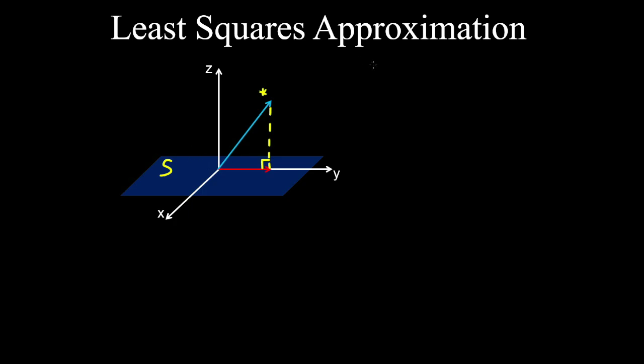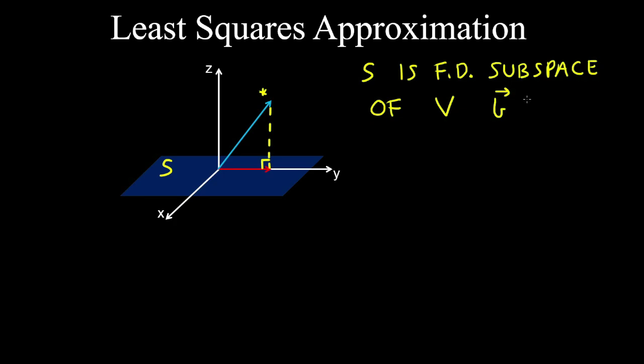So if our subspace S is a finite dimensional subspace of an inner product space V, and B is a vector in V, then the orthogonal projection of the vector B onto that subspace, which geometrically is this vector, is the best approximation to B from S.